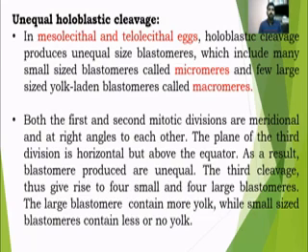Both the first and the second mitotic divisions are meridional, no doubt, and at right angle to each other. But in the third division, it is slightly above the equator region. It is horizontal, no doubt, but it is slightly above the equator region. As a result of that, the unequal size of the blastomeres you can observe. So there is a difference between the macromeres and the micromeres on the basis of yolk.